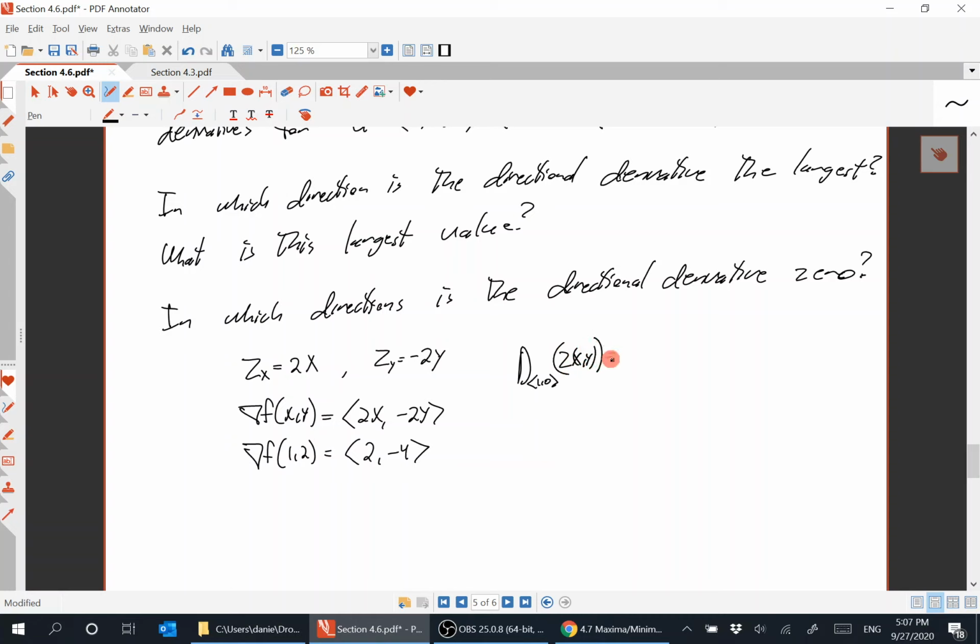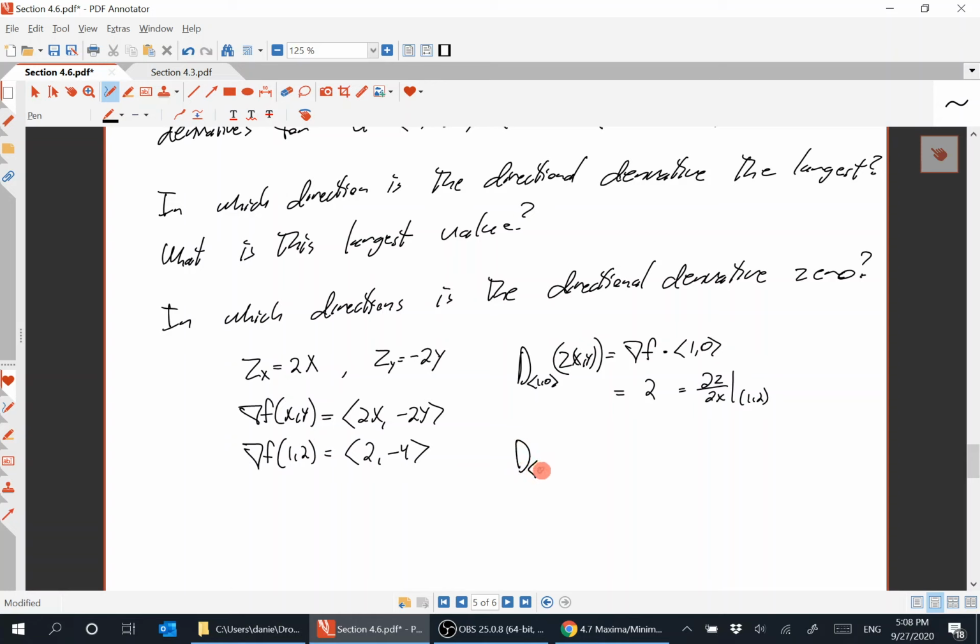So now the directional derivative in the direction of (1, 0) of z at (1, 2) is equal to the gradient of f dot (1, 0), which is just equal to 2. Right, which is the derivative of z with respect to x at the point (1, 2).